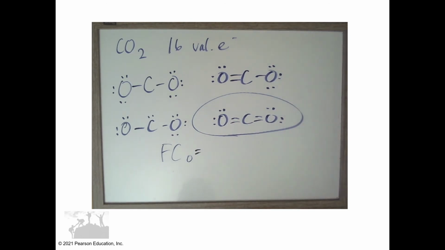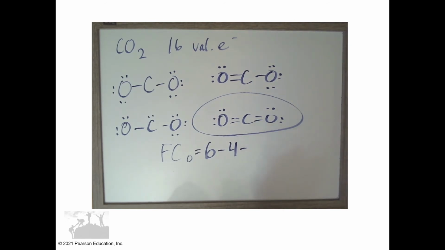Okay, so first, how many valence electrons does oxygen have? You look at your periodic table, and you should know that it is 6. Now we're going to subtract out the non-bonding electrons in our Lewis structure. So these are our lone pairs. We have 4 of them.